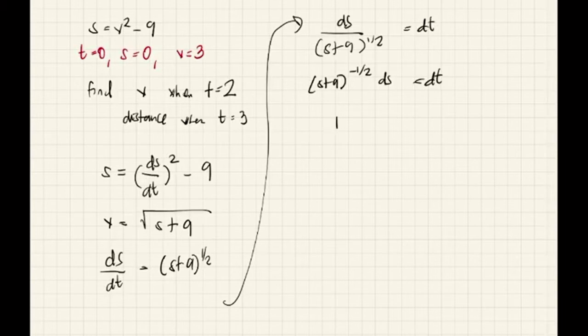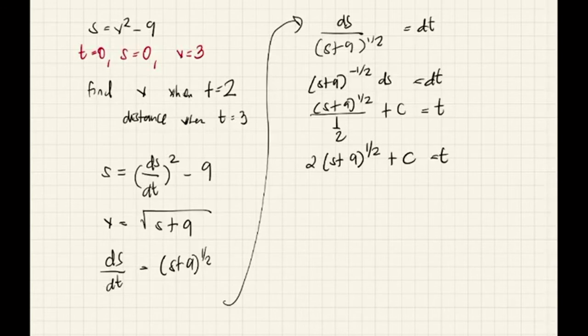1 half, S plus 9 raised to 1 half. Eh, pagka in-integrate natin siya, plus C equals T. Tama ba? So, this is 2 times S plus 9 raised to 1 half plus C equals T. Then, let's try to use the parameters given.